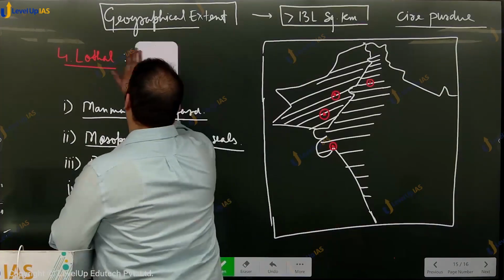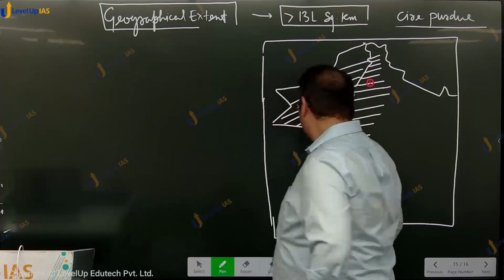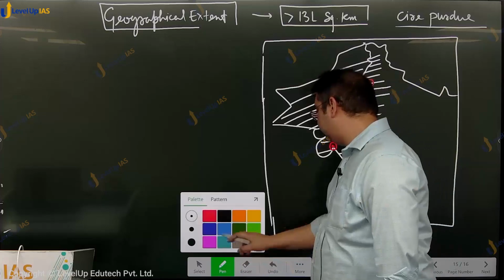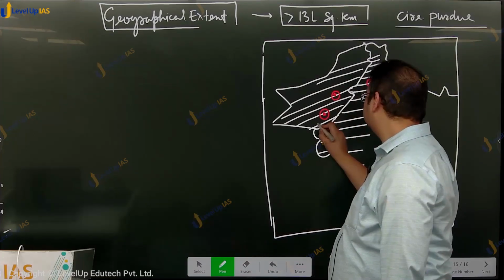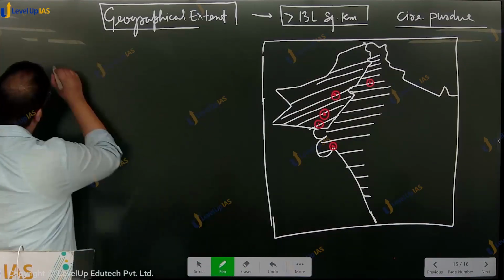Next important site, Chanhud-Daro, located in present-day Sindh, on the banks of the river Indus.